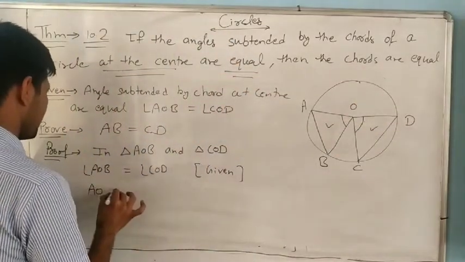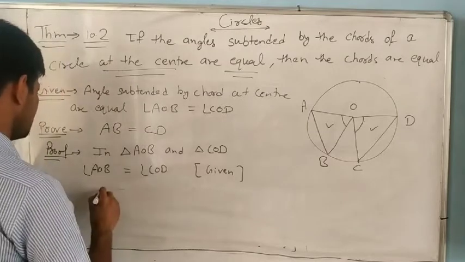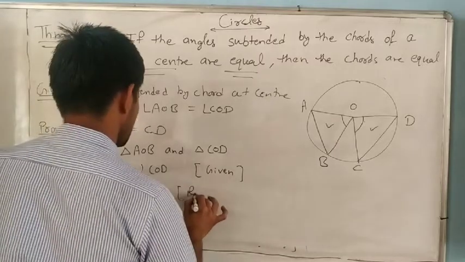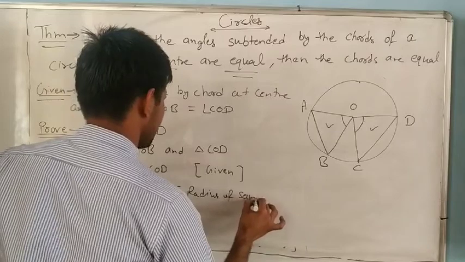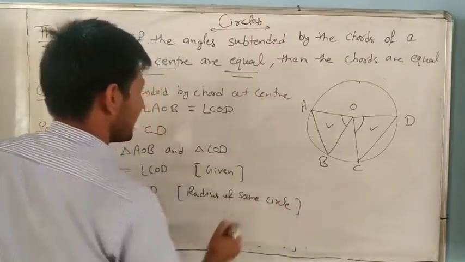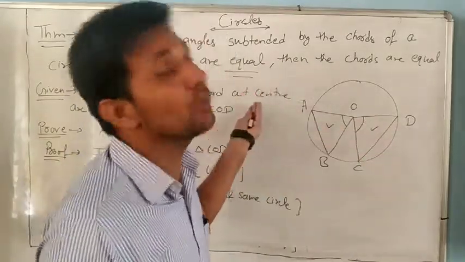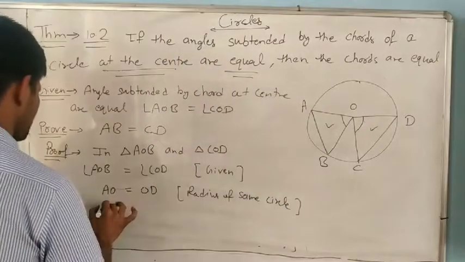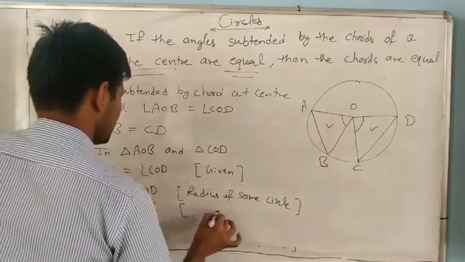Because both are radii of the same circle. Next, AB equals CD? We don't know they are equal, we want to prove it. But BO equals OC, again radii of the same circle.